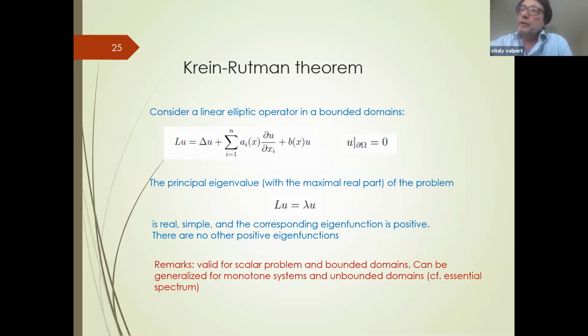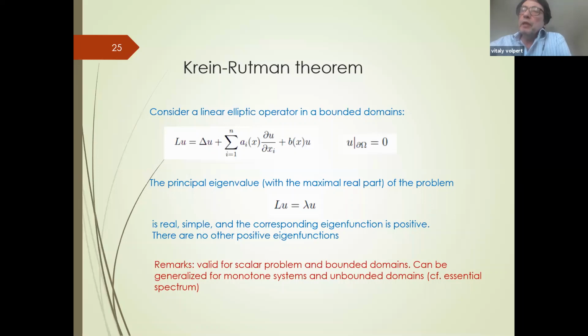If we take matrices with non-negative, or for simplicity positive, off-diagonal elements, then we know from the Perron-Frobenius theorem that the eigenvalue with the maximal real part for this matrix is real, and the corresponding eigenvector is positive.